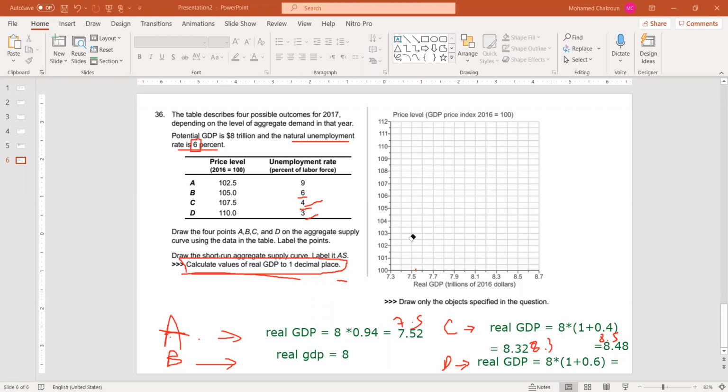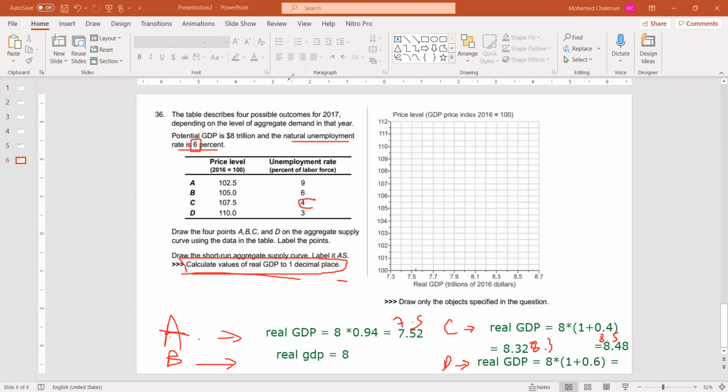Yes, Sabiha, at point C, the unemployment rate is equal to 4 and the natural unemployment rate is equal to 6.